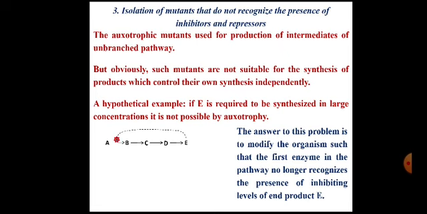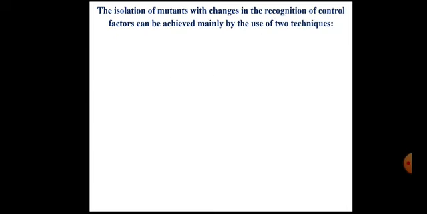So the site of modification will be related to the synthesis of this key enzyme. This is how this control will be lifted, and there is a possibility of overproduction of the end product of an unbranched pathway. So particularly this type of modification we can plan in relation to microbial metabolites of this nature, that is end products of unbranched pathways.